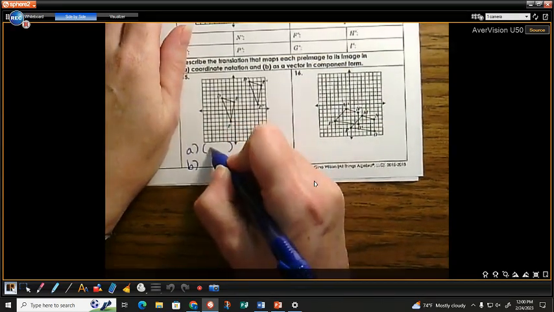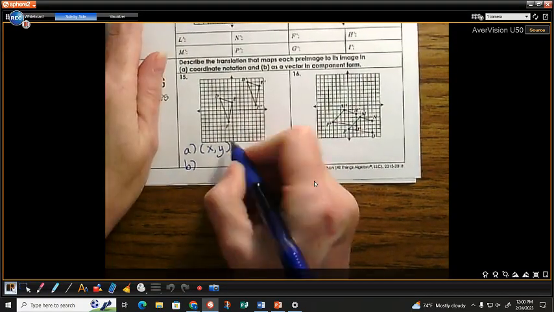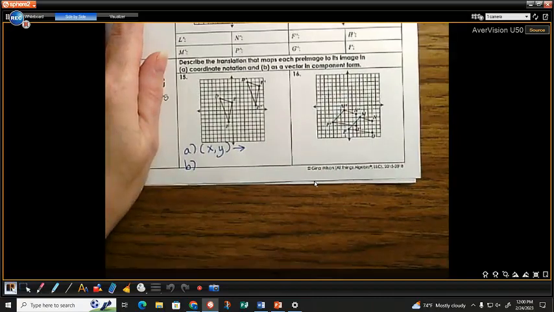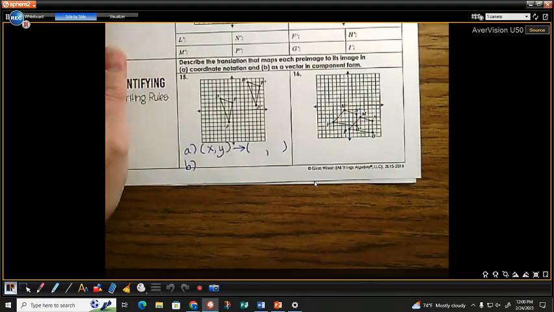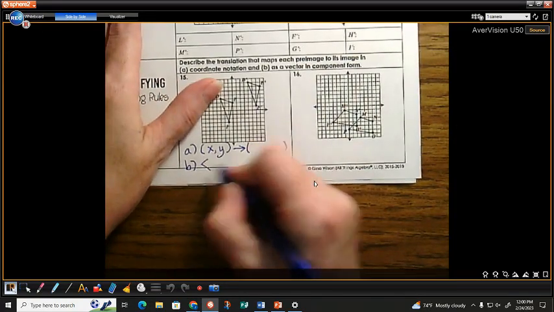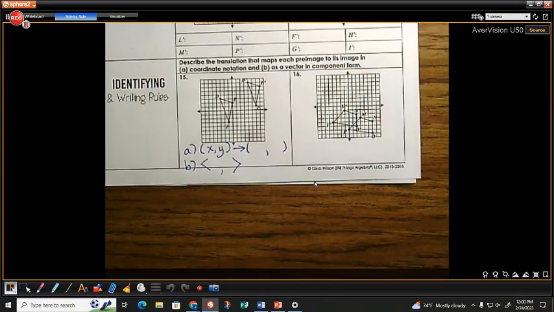So my coordinate notation, remember, starts with any old xy, and then you're going to use along a vector to move it to a new location. And then your vector just tells you how that vector moved in your component form. And once you know one, you know the other, huh? That's the nice part about these.